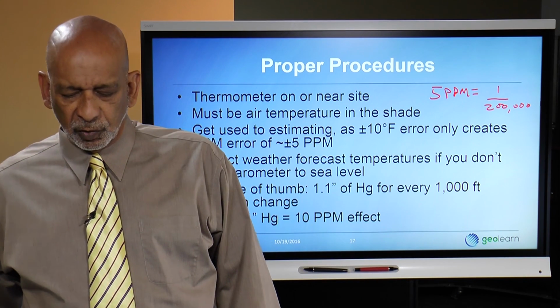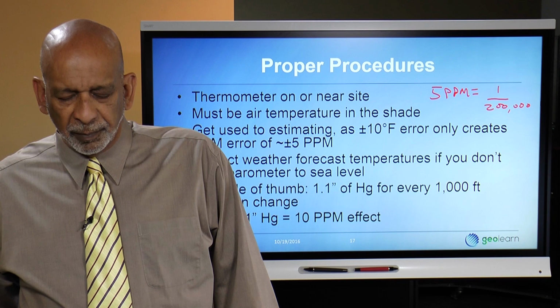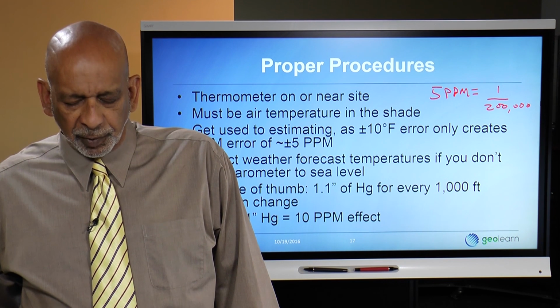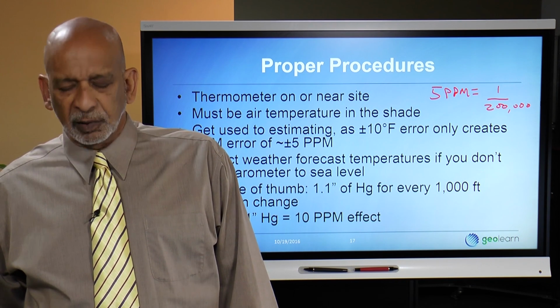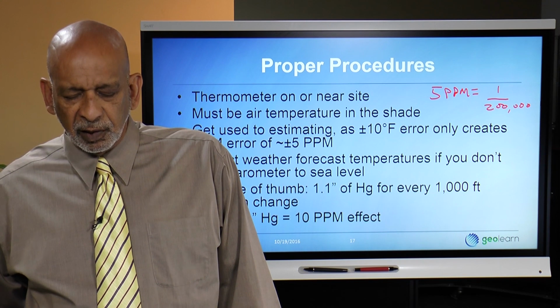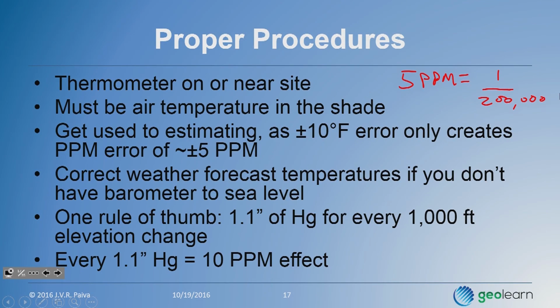When it comes to barometric pressure, you want to correct the forecast pressure because you don't have a barometer, so you have to regard the fact that the weather forecast pressure, I made a typo here, is corrected to sea level, and you have to correct to ground level.